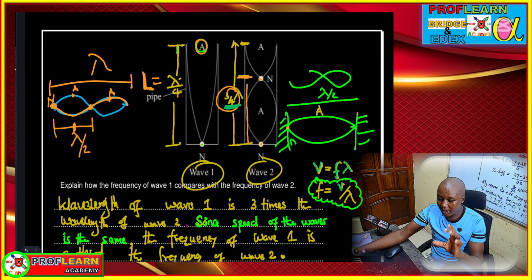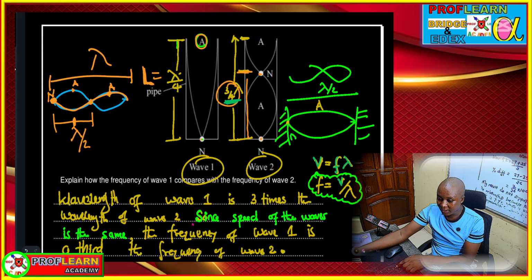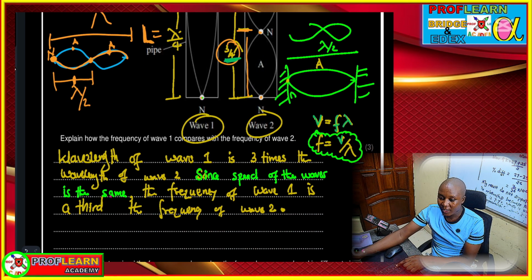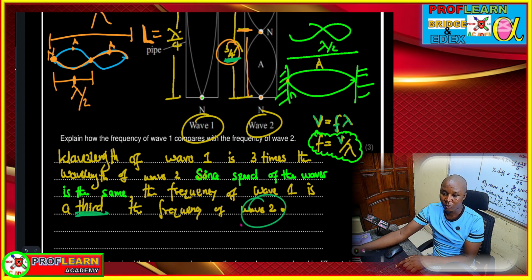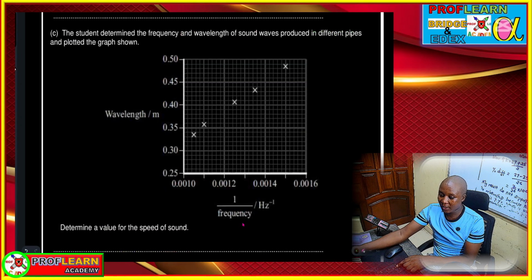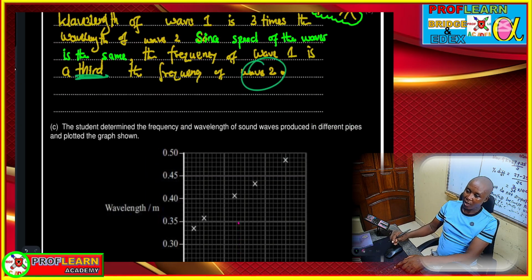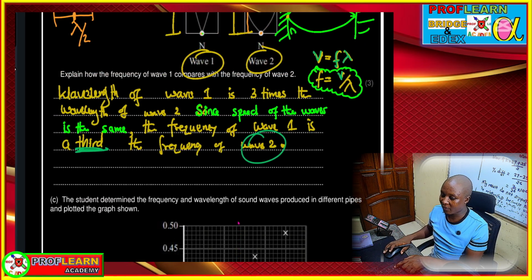So we can conclude, since the speed of the wave is the same, the frequency of wave 1 is a third the frequency of wave 2. Yeah, so basically that's what we are going to say at that point.